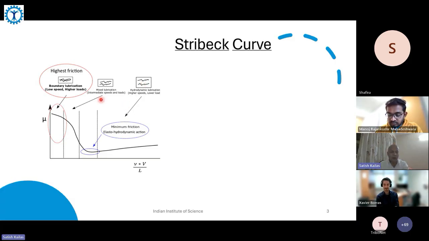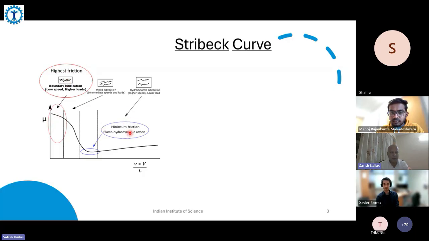But as I reduce the velocity, the surfaces come closer, and then you will start getting partial contact. When you start getting partial contact, the friction starts to go up, because now you have solid contact. And when the velocities become still lower, there's a large contact between the two surfaces. And this is what is called the boundary lubrication regime.